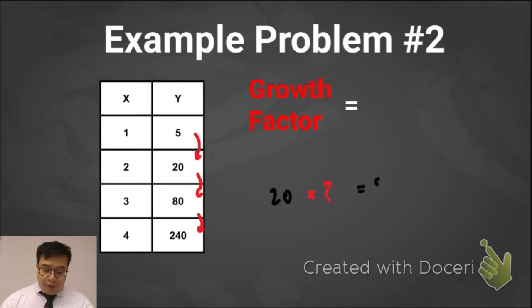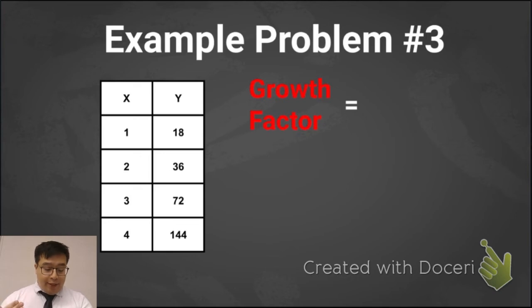Again, I don't always have to start at the top. 20 times what will bring me up to 80? That answer is going to be 4. 20 times 4 equals 80. And I know that for the other parts of the table, times 4 is also going to work. 5 times 4 will bring me up to 20, and 80 times 4 will bring me up to 240. So this growth factor is 4. All right, let's look at the next example.